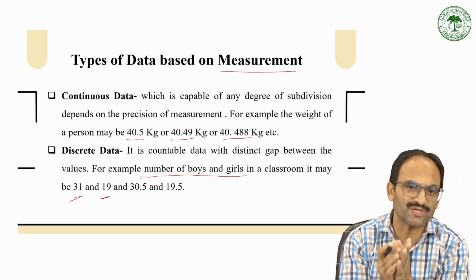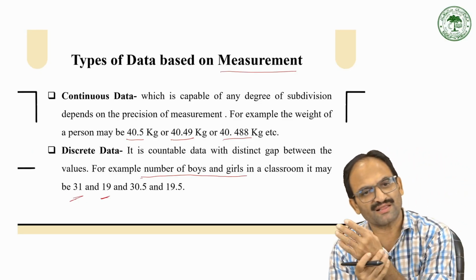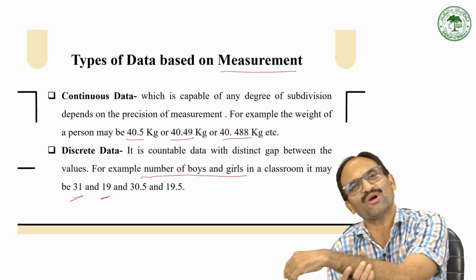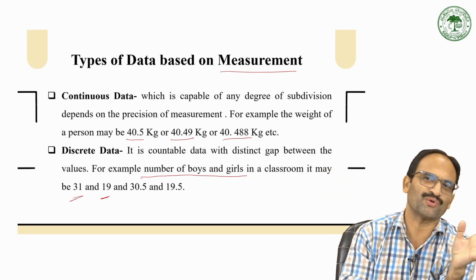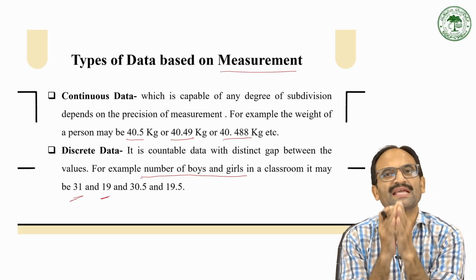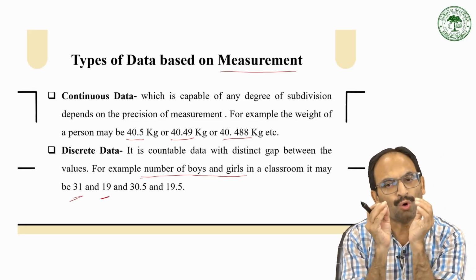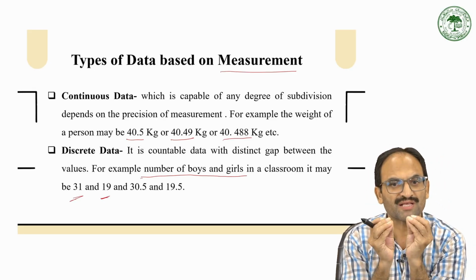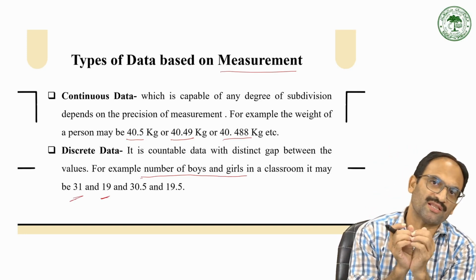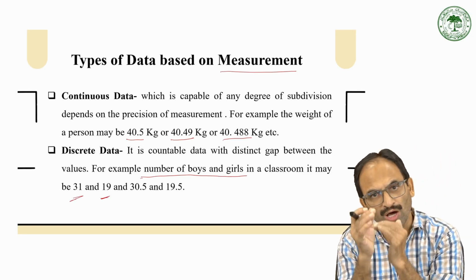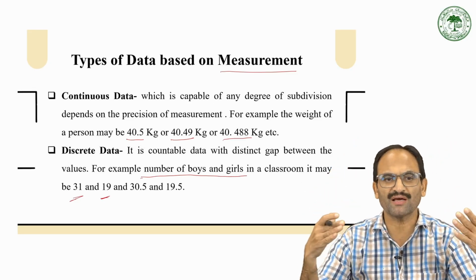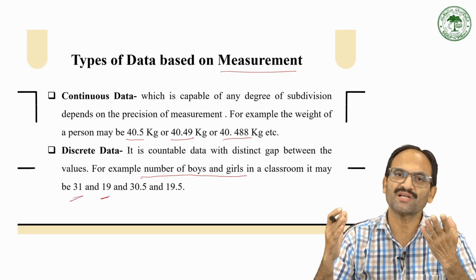It is not possible for me to say that there are 30.5 boys or 31.5 boys and 19.5 girls or 18.5 girls. No. So some things can be expressed only in whole numbers, and it's difficult for us to express those in decimals. So on the basis of measurement, by and large, we have these two data, continuous data and of course discrete data.